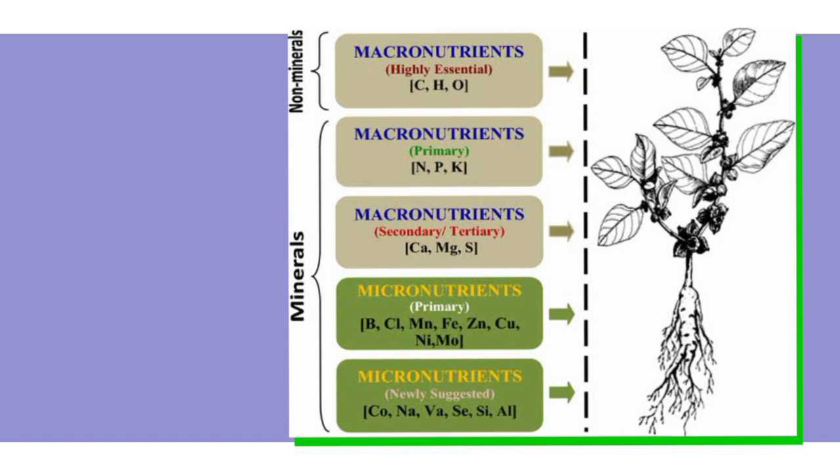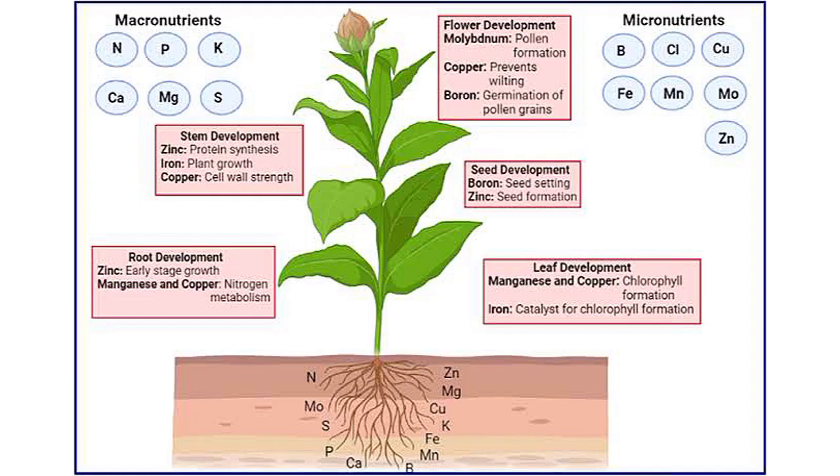So, in summary, macronutrients needed by plants include nitrogen, phosphorus, potassium, magnesium, and sulfur, while micronutrients include boron, chlorine, copper, iron, manganese, molybdenum, and zinc.